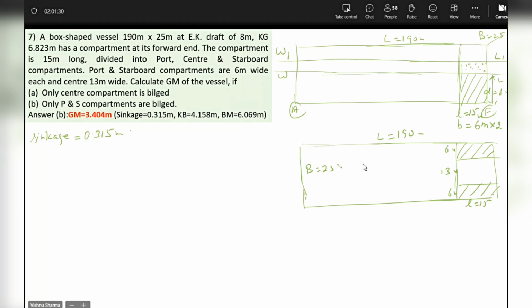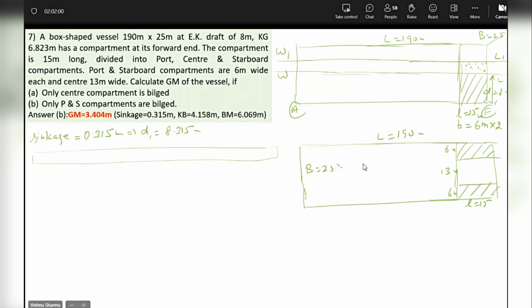0.315 meters. This gives you D1 of 8.315 meters. Okay, guys. Again, the question, how much will be the KB? Is it D1 by 2? Yes or no? Is KB D1 by 2? Yes or no, beta? Yes, sir. D1 by 2. It is still identical from keel. Okay, very good. So you'll write the same phrase here.